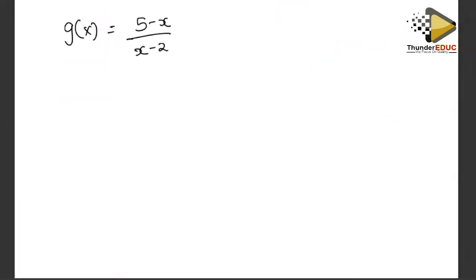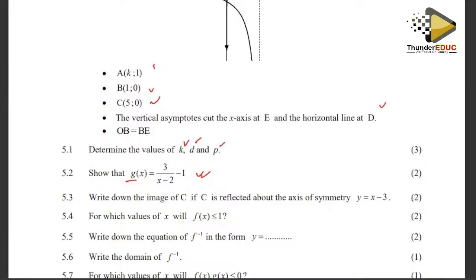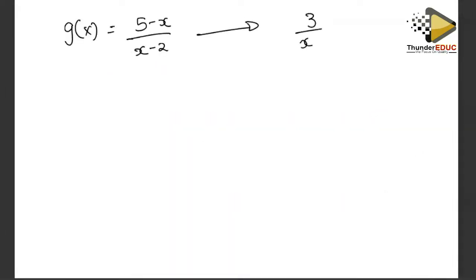Now, how do we move from this form to a form of 3 over x minus 2 minus 1? Step number 1, we have this. Let's treat this like a normal expression.